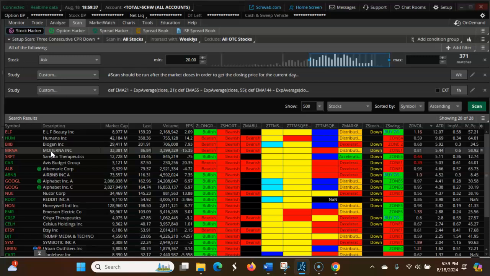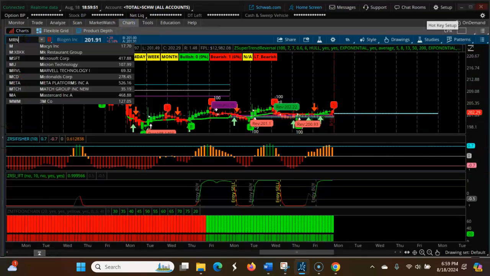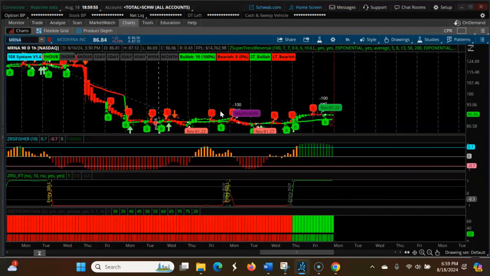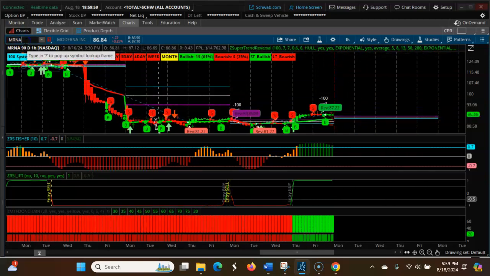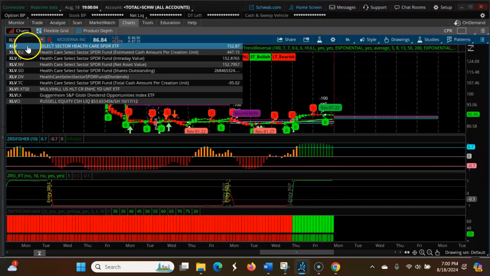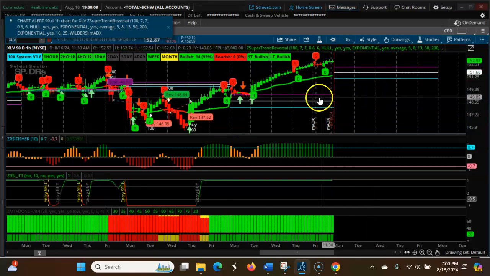Moderna, mRNA, Google also, CRSP. That also looks bearish. Okay, let's look at the index, healthcare index. Okay, that is bullish.